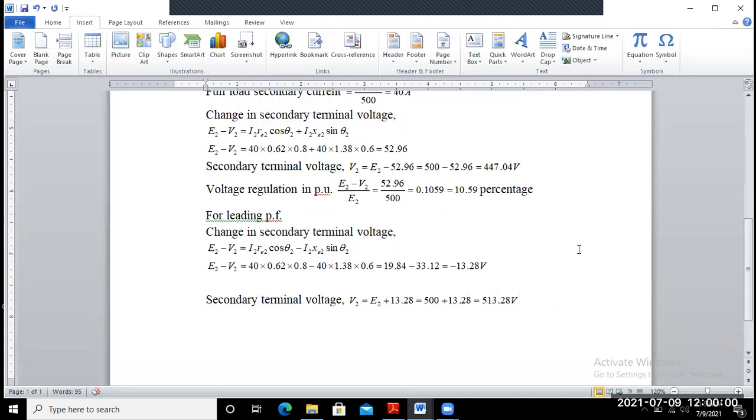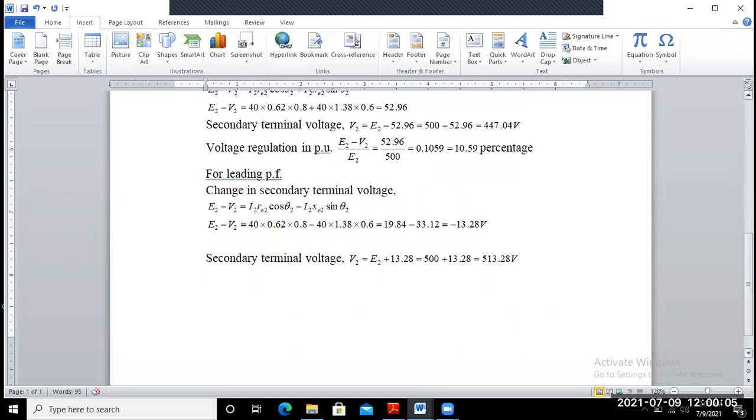Now find the voltage regulation in per unit or in percentage. That is nothing but E2 minus V2 divided by E2 in per unit. If you multiply by 100, then you will get it in percentage.